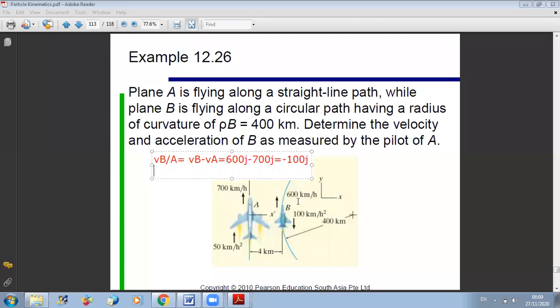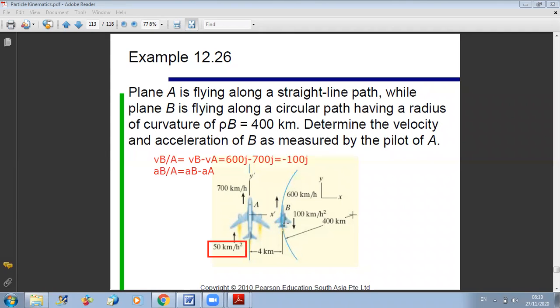Now, for the acceleration of B relative to A, I have AB minus AA. Okay, look at your figure. A is doing translation, and so it will have only a component of acceleration along direction of motion, and it's given to be plus 50 kilometer per hour square in the direction of motion.